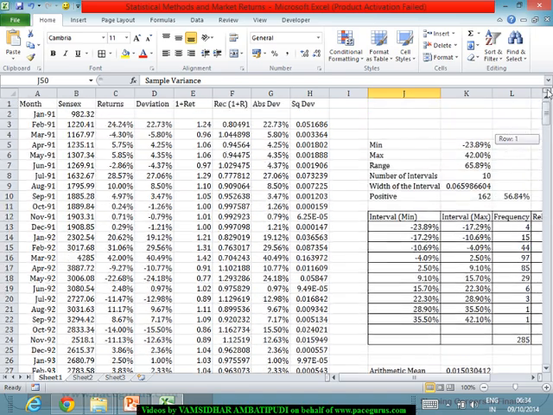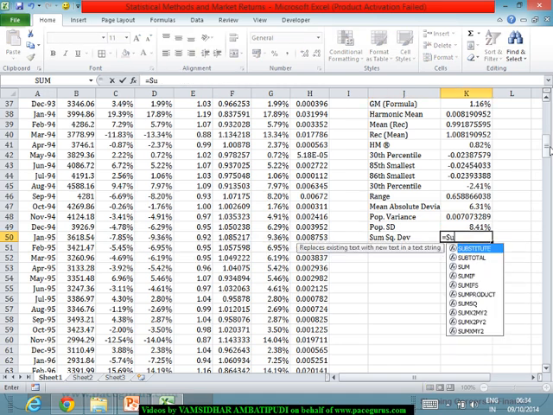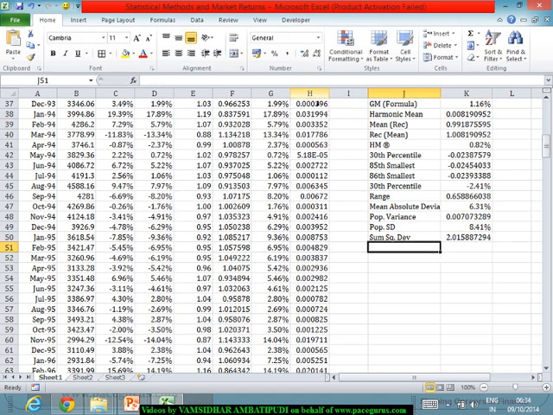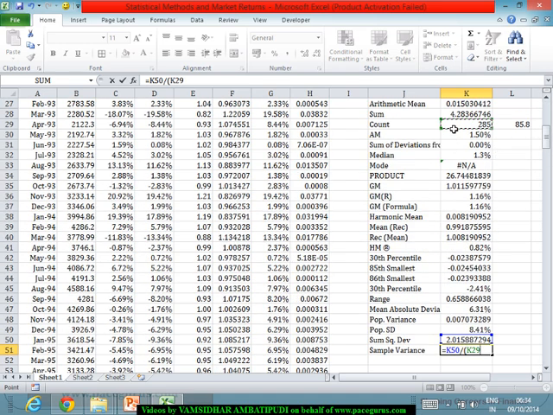So I'll take the sum of the squared deviations, which comes out to be this, and in case of computing sample variance I'll divide this sum not by the total number of observations, but by the total number of observations minus 1.